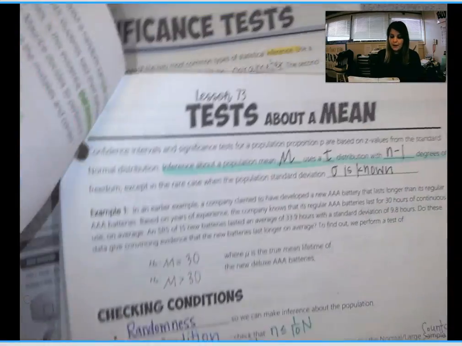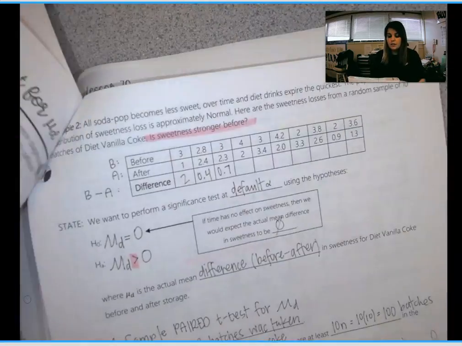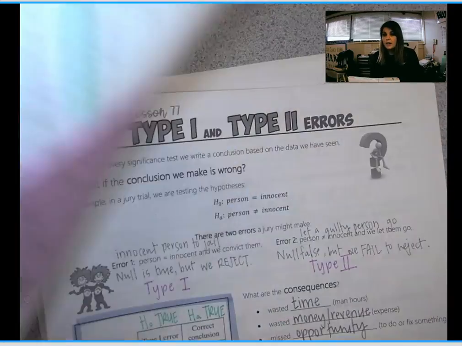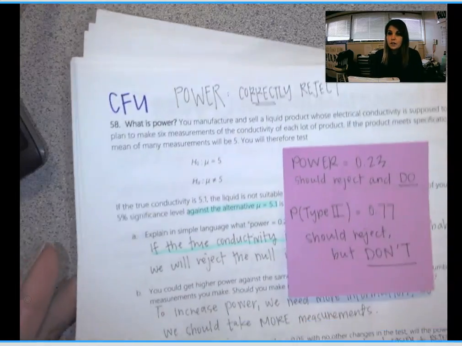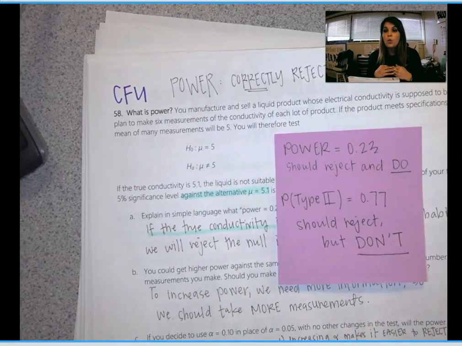Well, remember, power is this idea that you'll correctly reject. You are trying to determine your ability to reject the null when you should. So I'm going to say that one more time. Power is your ability to reject the null when you should.